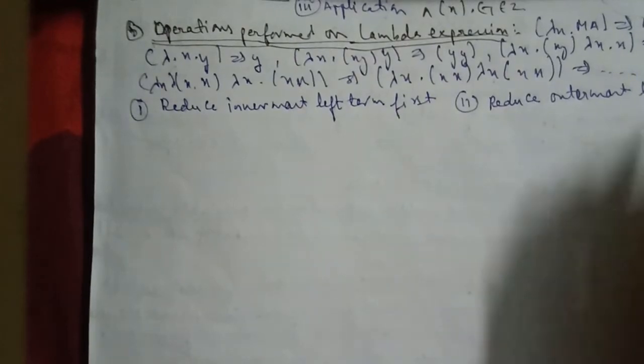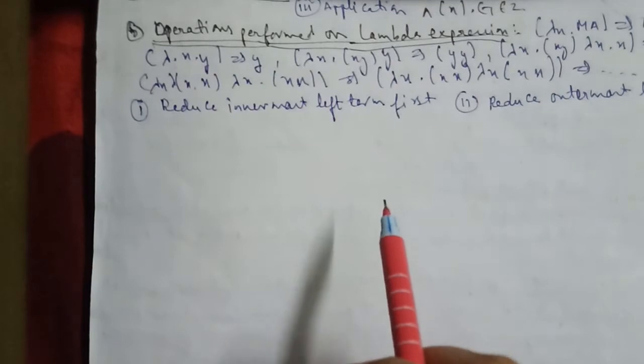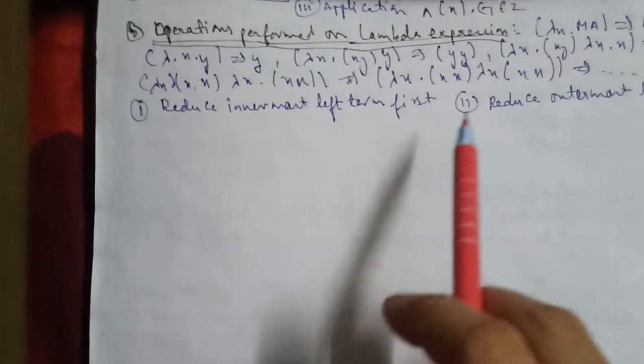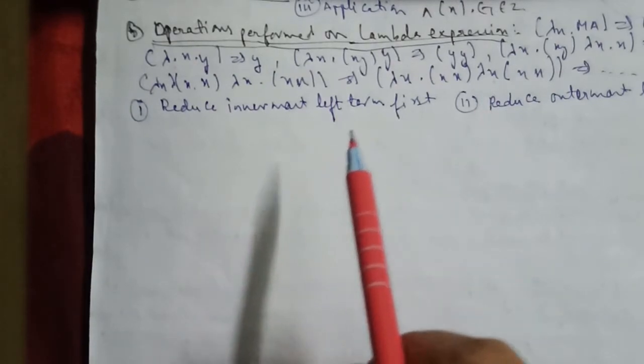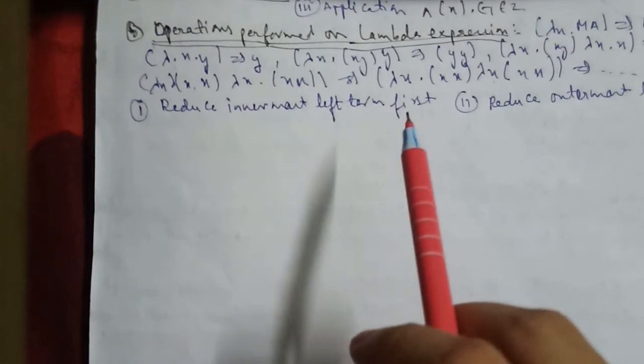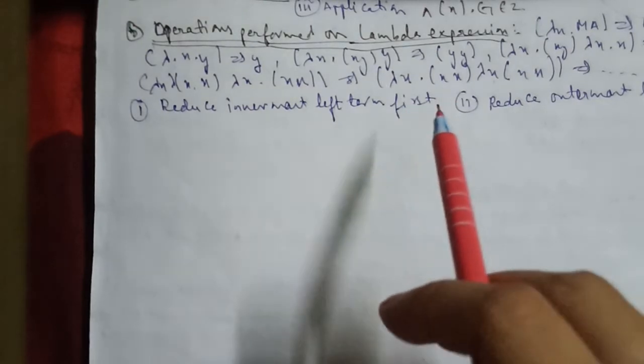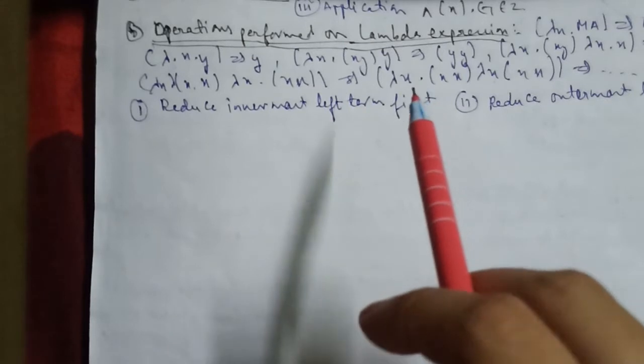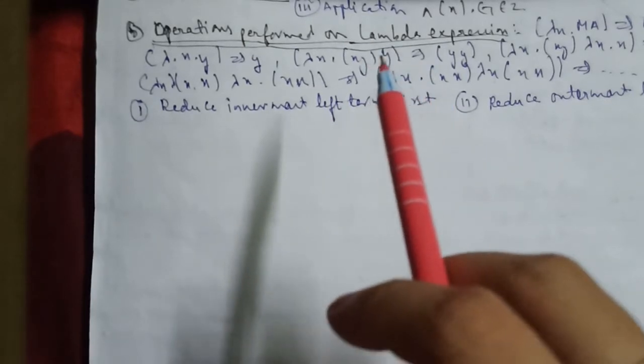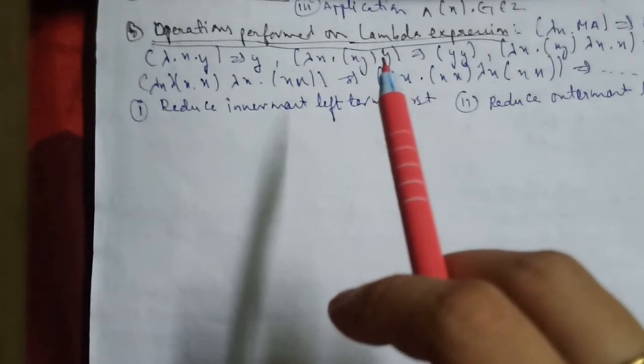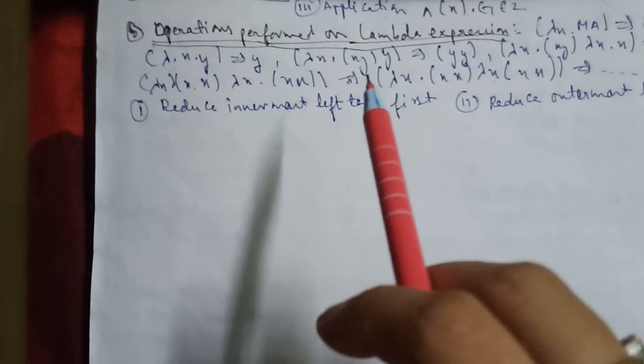In the same case, in the lambda expression that we represented here, the outermost term is the entire expression, whereas the innermost term is lambda x x x applied to a. These are the two reduction sequences that are possible here.